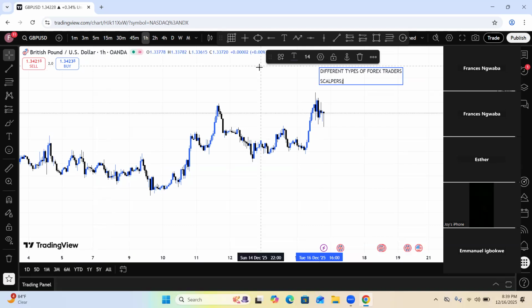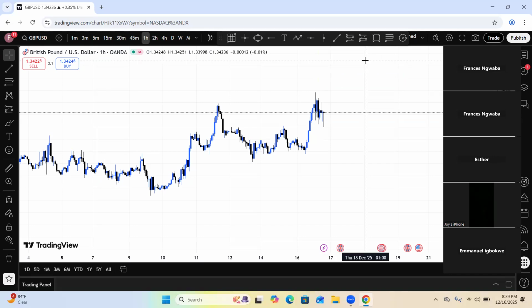Let's do time frame first before we do different types of traders, so you will understand, because I will have to use the different time frames to tell you more about the types of traders. So now, if you look here, you see 1 minute, 3 minutes, 5 minutes, 15 minutes, 30 minutes, 45 minutes, 1 hour, 2 hours, 4 hours, and daily, 1 day, 1 week, 1 month.